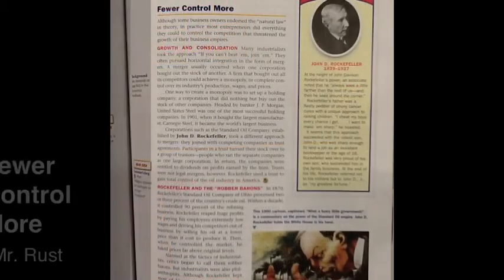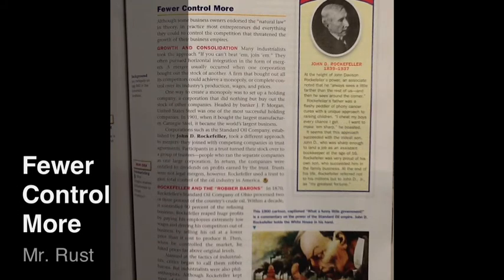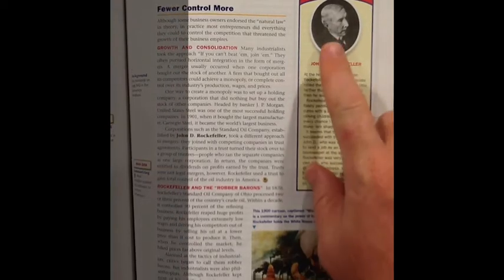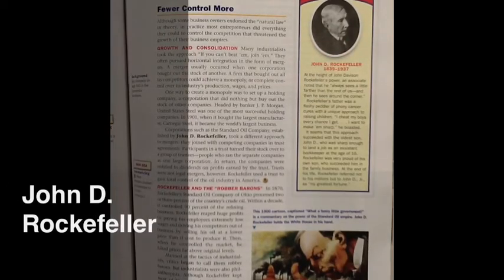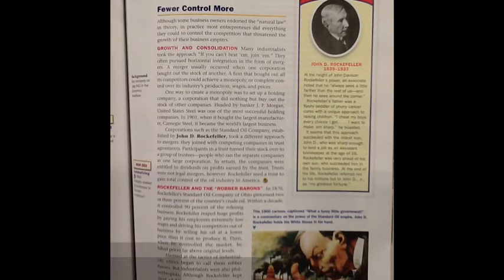On page 234, you'll see how this growth and consolidation of American business was masterminded by John D. Rockefeller. John D. Rockefeller created a large trust corporation, which is a different type of business entity.